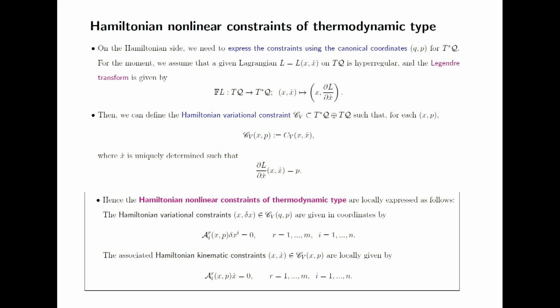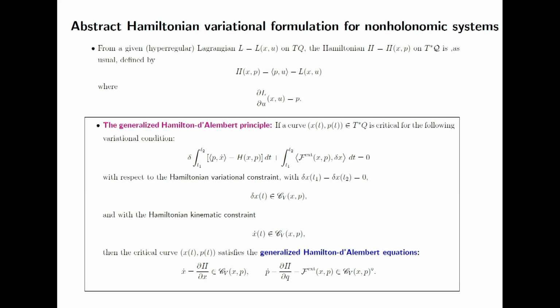Then our Hamiltonian variational constraint as well as the Hamiltonian kinematic constraints are given like this. It's quite simple. Okay. Then the abstract Hamiltonian variational formulation for nonlinear non-holonomic constraints is given like this.